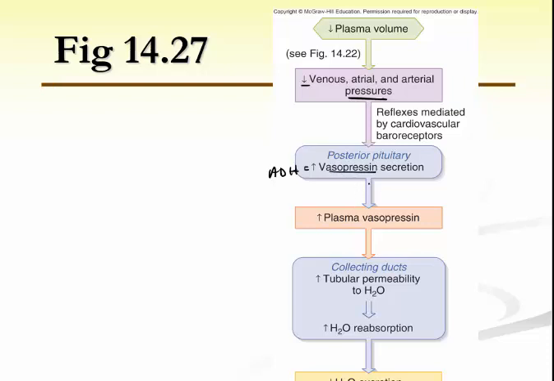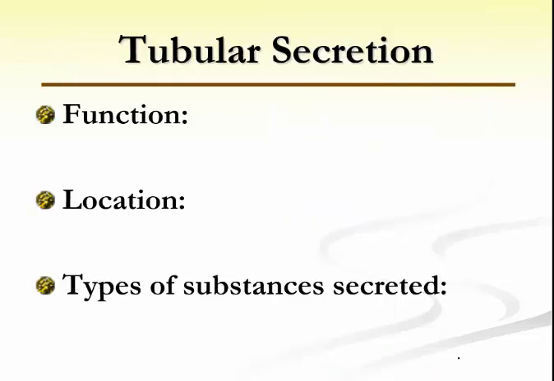And vasopressin then increases in concentration in the bloodstream, acts on the collecting ducts in the kidney to increase tubular permeability by way of aquaporins in the collecting duct cells, which leads to more water reabsorption and therefore less excretion, or more water reabsorption into the bloodstream, leading to a greater blood volume.